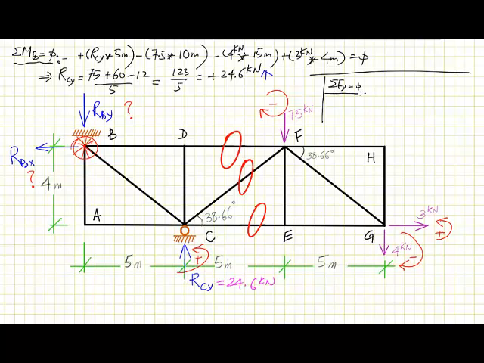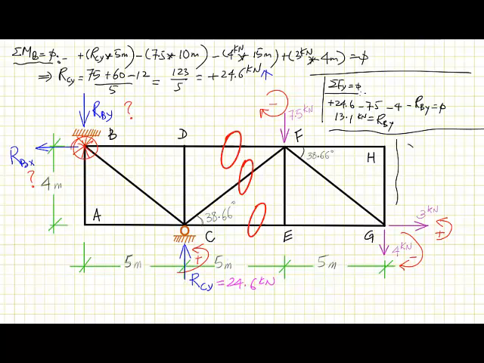And in this case we have plus RCY, which is plus 24.6, and we have minus 7.5, we have minus 4, and minus RBY is equal to 0. So if we bring our RBY to this side, then RBY is equal to 13.1 kilonewton.